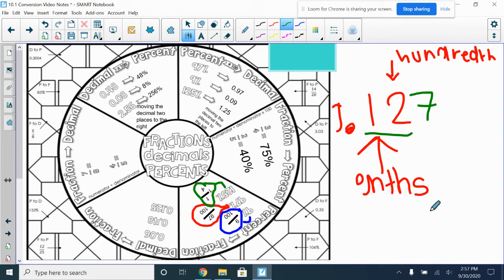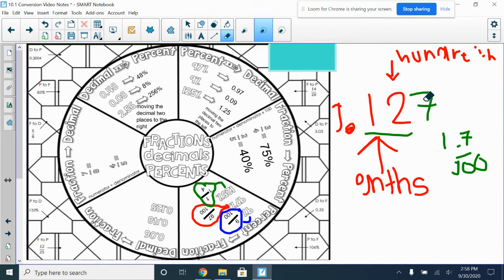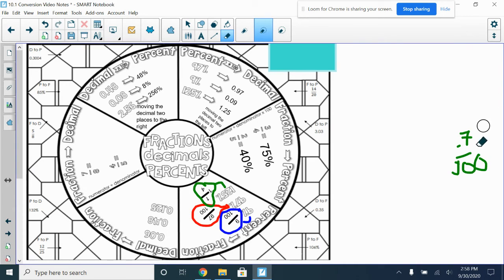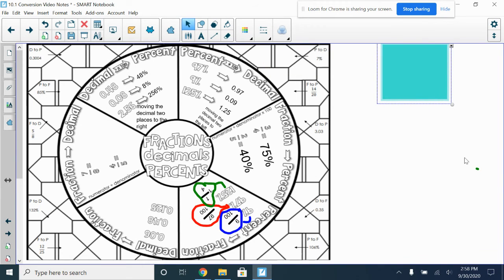I have 127 thousandths. So I'd say 127. Read it, 127 thousandths. Write 127 thousandths. And reduce it, but we can't in this case. So let's go ahead and use that. I hope you wrote our places as we went. If you needed those, if not, rewind. That's the great thing about YouTube.